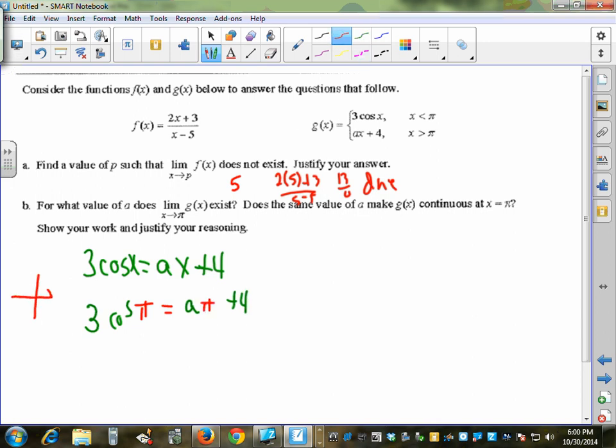On our unit circle, we know the cosine of pi is -1, so that's 3 times -1, which is -3, equals pi a plus 4.